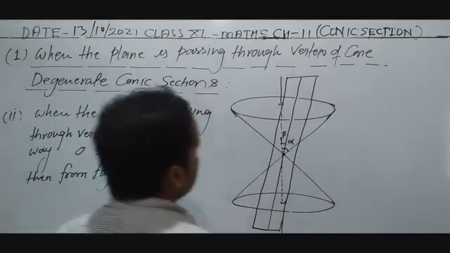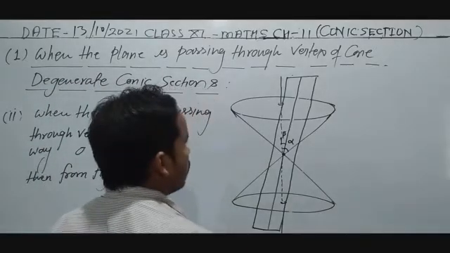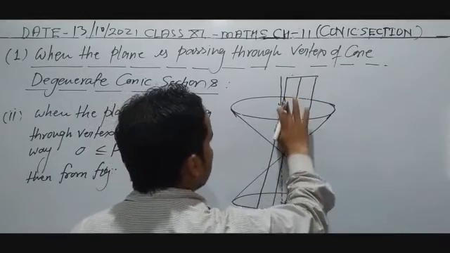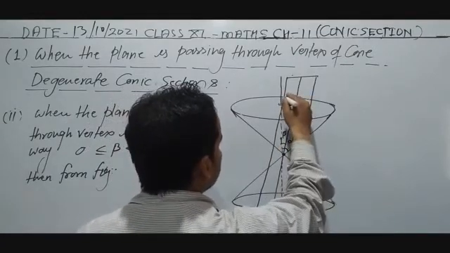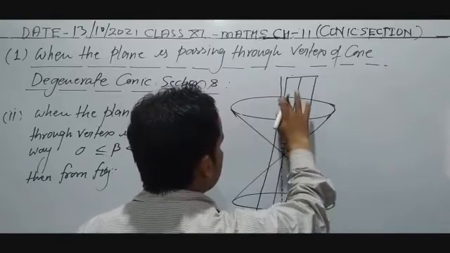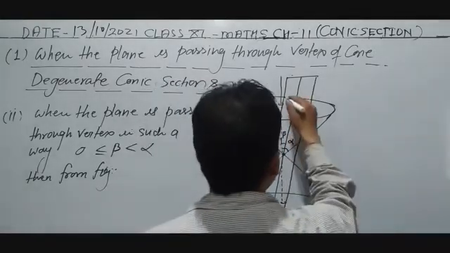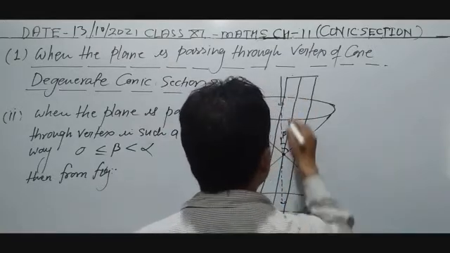So what will be the section? The section of the cone will be a pair of straight lines. See, I am drawing the pair of straight lines.